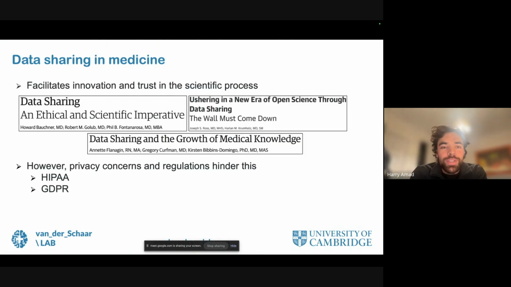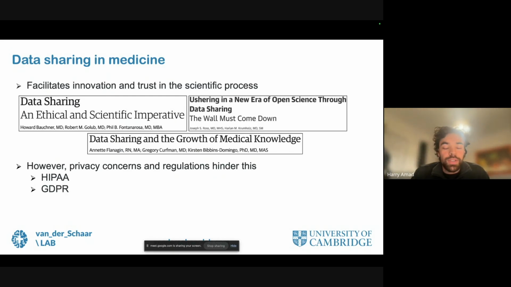Data sharing in medicine is a very important process for a few reasons. It can facilitate innovation if researchers have access to large medical data sets. Medical researchers can pursue and investigate different hypotheses which could be validated using that data, and it can facilitate innovation in the scientific discovery of new medicine.